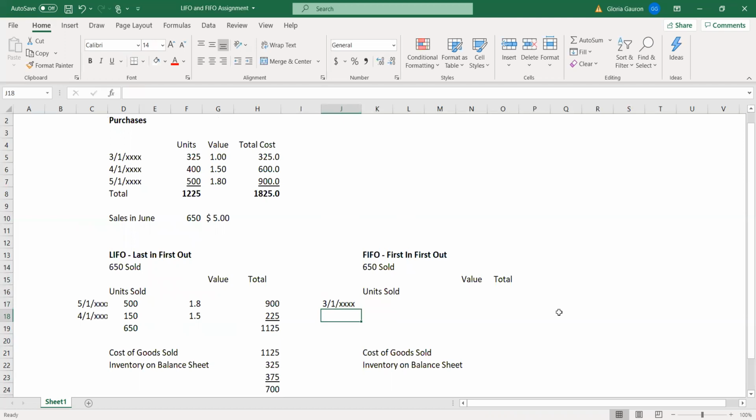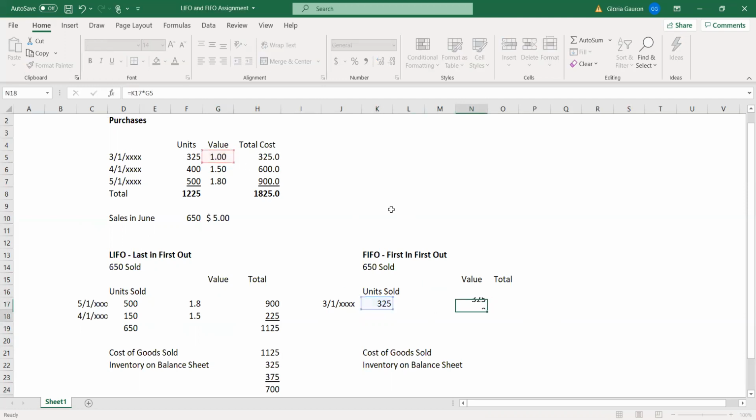And I'm going to use up the inventory until I reach my goal of 650 units. And the value of the 325 units is $1. So I'm going to take the 325 and multiply that by $1 to give me the value of $325. So that's what our value is.